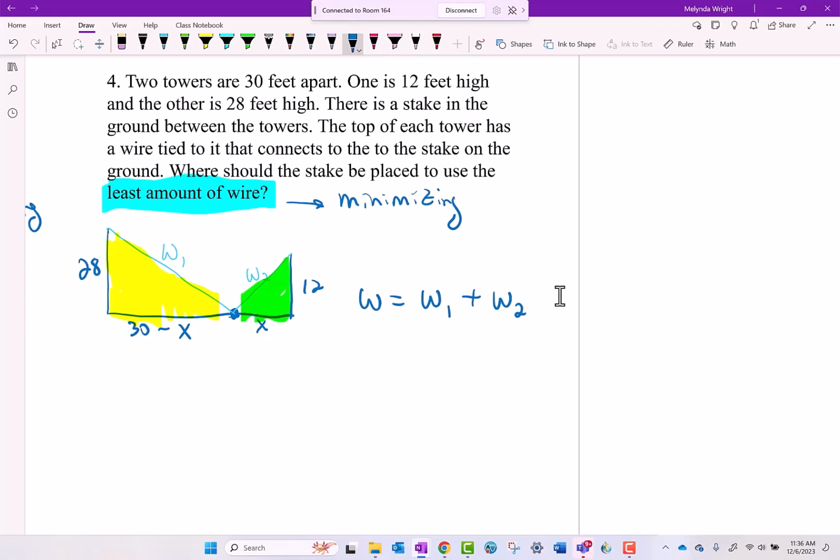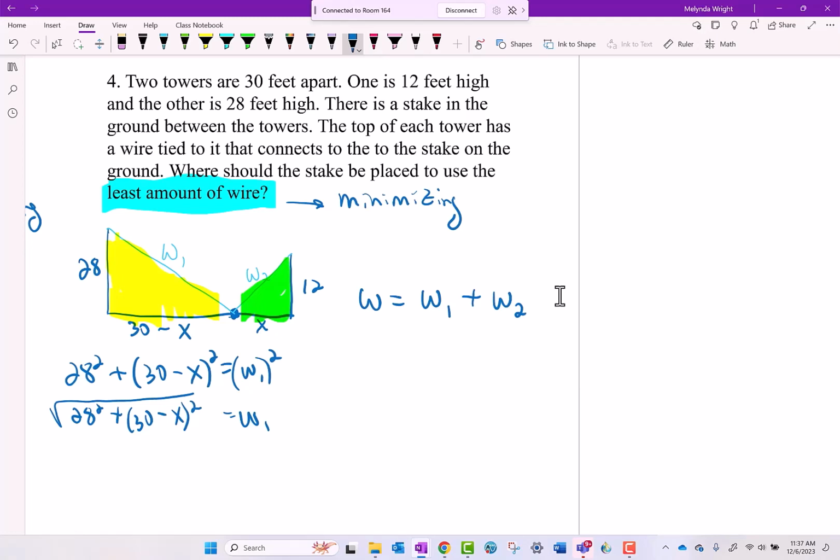So let's make some sketch work right here. This would be 28 squared plus 30 minus x squared equals wire 1 squared, right? And so wire 1 would be the square root of all that mess. Okay, that's wire 1. Are we okay with wire 1?